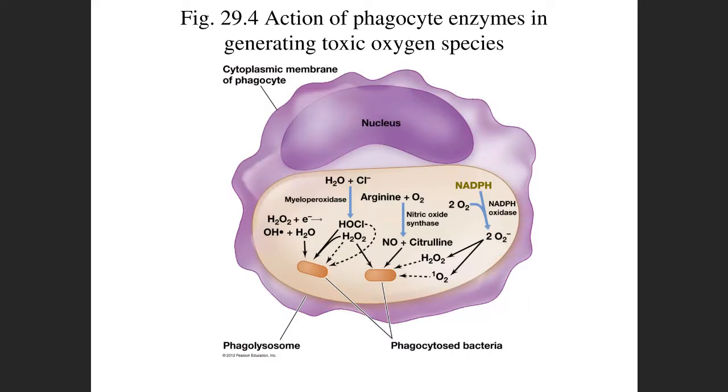And so here is how the macrophage works. The macrophage takes up bacteria. When the bacteria gets taken up, it is in the phagolysosome, and the phagolysosome is exposed to hydrogen peroxide and all the enzymes and reactive oxygen species, and that's what kills them, right?